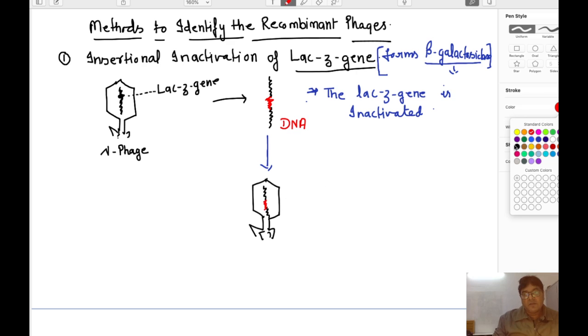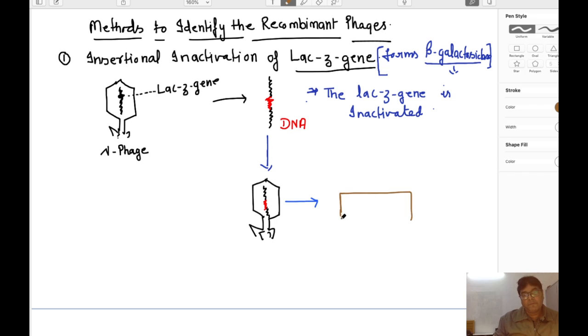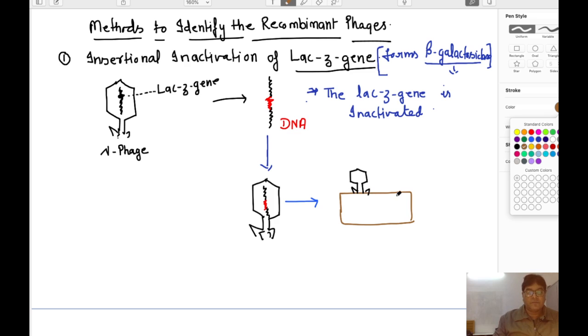Alright. Now this phage will go and infect the bacterial cells. This phage is going to infect the bacteria, and then the phage will replicate inside the bacteria.